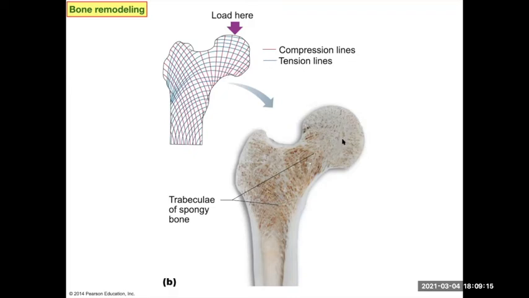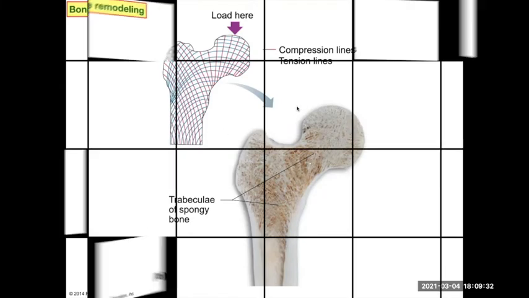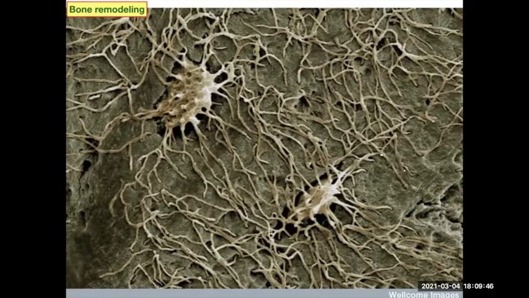And if you look at these trabeculae, the way they're aligned will reflect that everyday stress, right? And the major point here is that your internal architecture is going to remodel itself based on the particular load that your bones are normally facing. All right, so that is what's happening at a gross level, right?